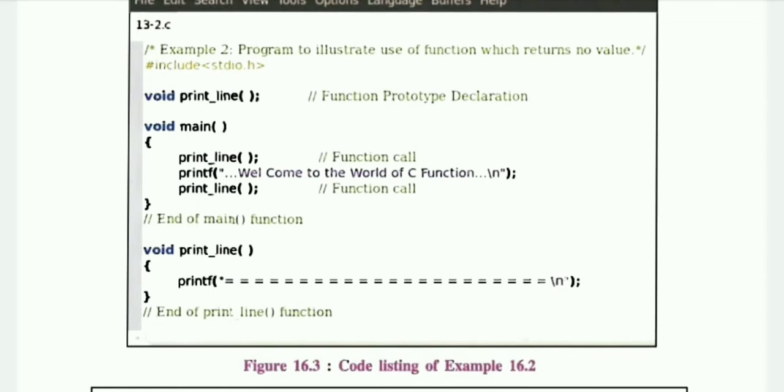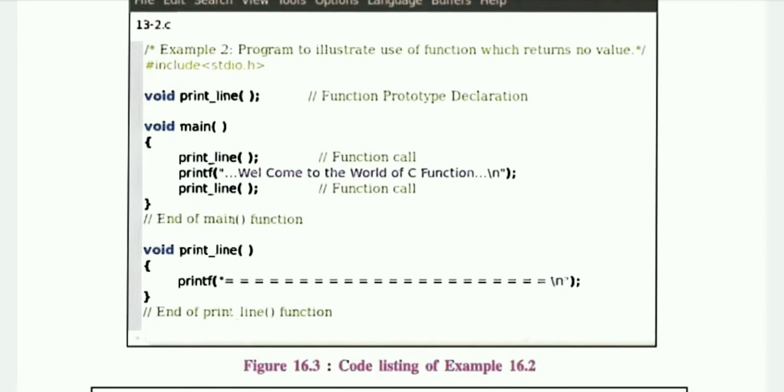When you call this function, the program control will go to the printline function. Here we have written void printline, and in the opening and closing curly brackets we have written the content. This is known as a function definition. With printf we have drawn one pattern.